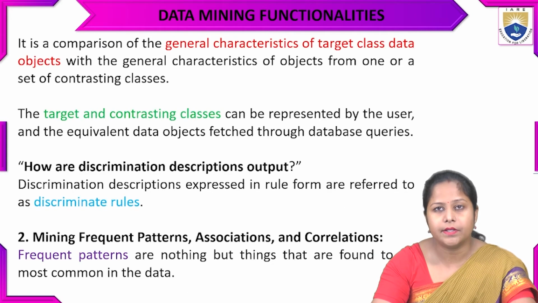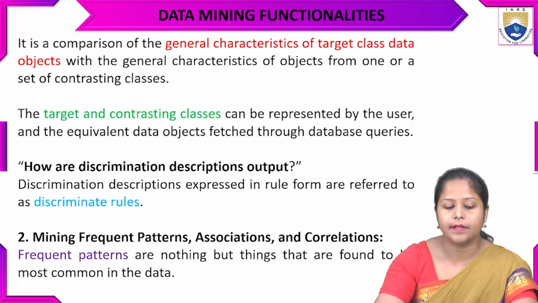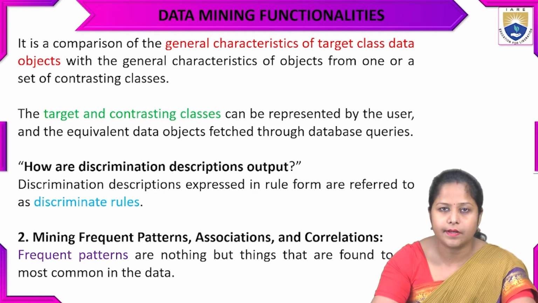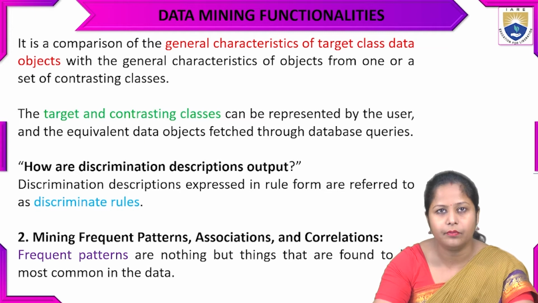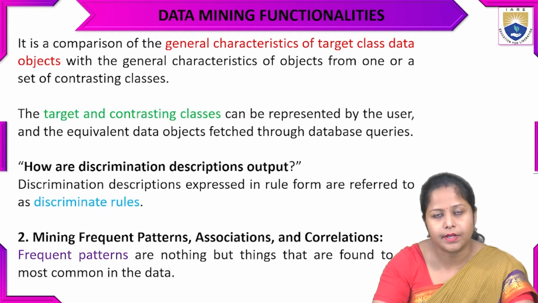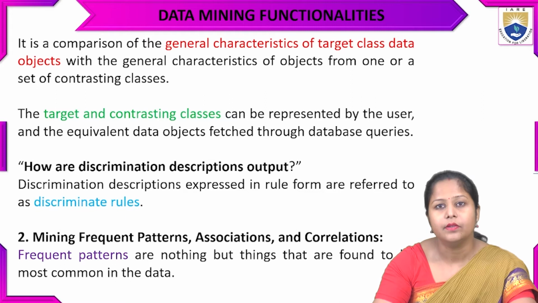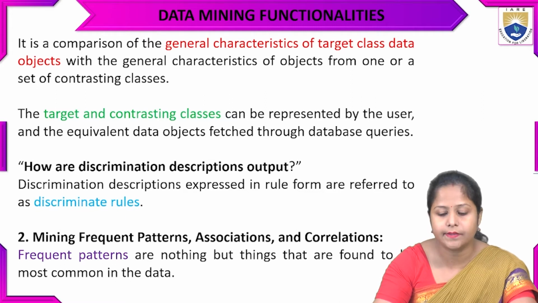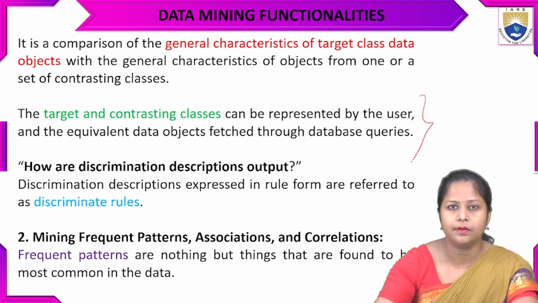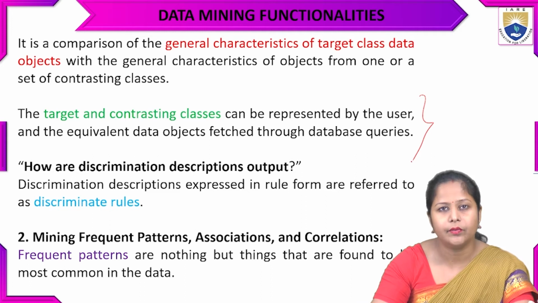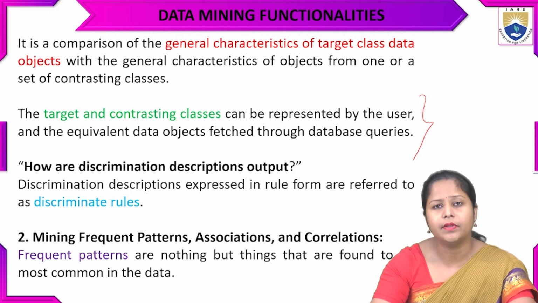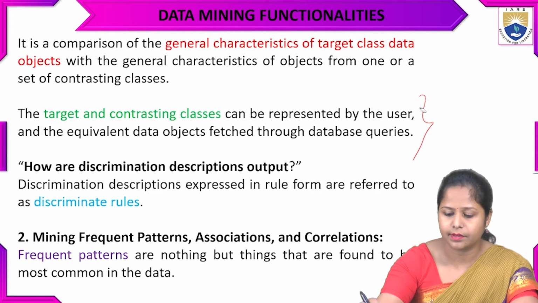As with characterization, discrimination is a comparison of the general characteristics of the target class data objects with the general characteristics of objects from one or a set of contrasting classes. The target and contrasting classes can be specified by the user. If you are going to study a database, we get the target class and contrasting class, and on the basis of that we can predict the result.